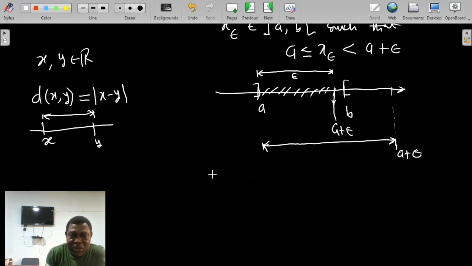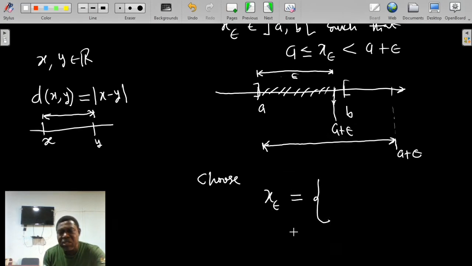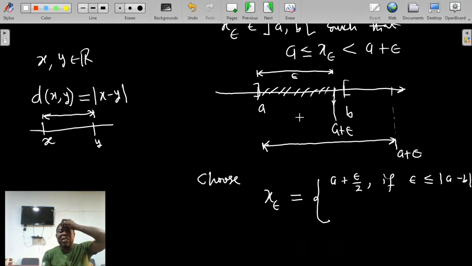We choose x epsilon to be A plus epsilon over 2 if epsilon is less than or equal to the length of AB, if epsilon is less than or equal to the distance from A to B. Remember that from here to here is the length of AB, the distance from A to B.